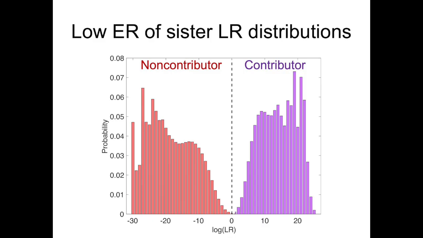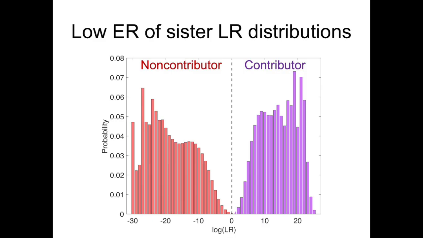The answer is that we know statistically they're classified as contributors because we look at the non-contributor distribution and look at the right tail around zero, and because the error rate from the non-contributors is so low, we have very high statistical confidence that we're not falsely reporting contributors.